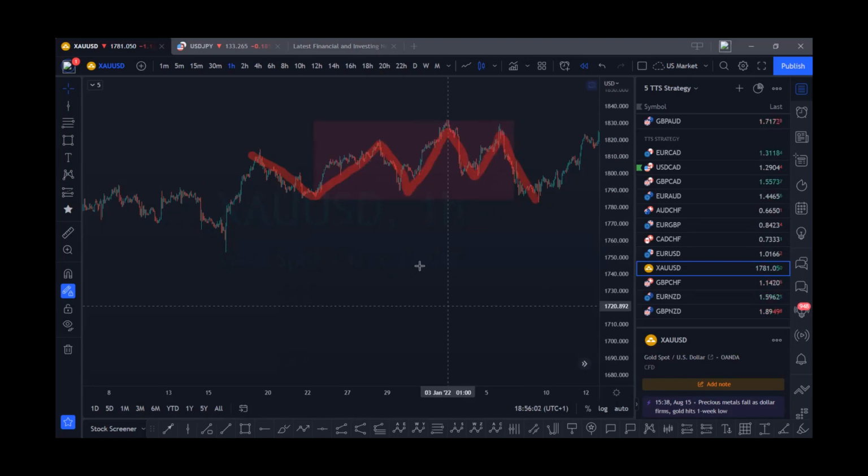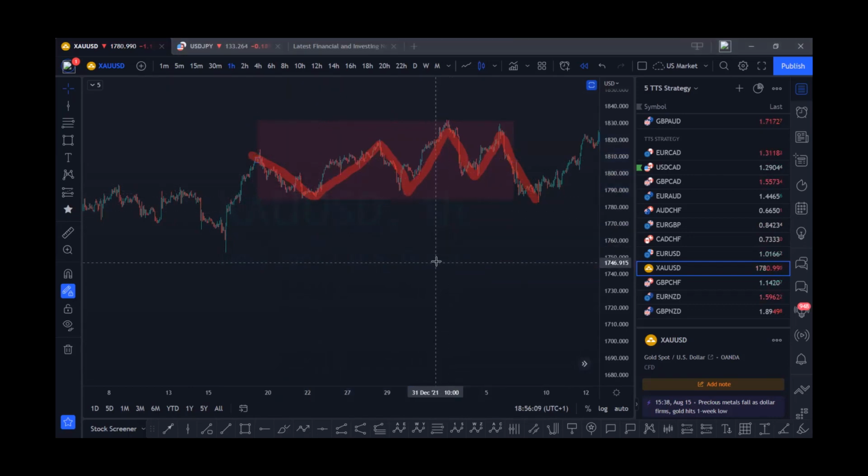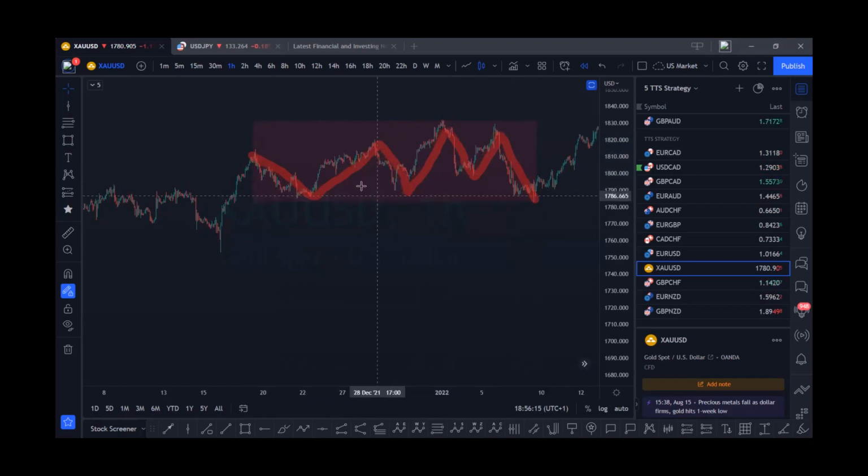This is not an uptrend because it's not giving us a consistent higher high and higher low. And it's not a downtrend either. It's very clear, something we can just see with our eyes, right? This is not an uptrend. This is not a downtrend. This is a range. So it's in a range, or in a sideways move.